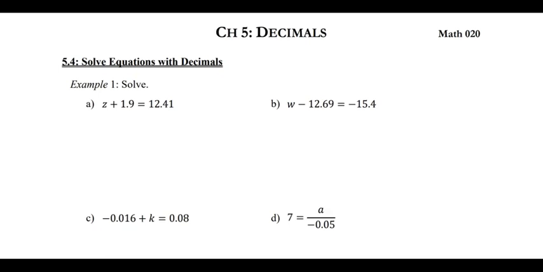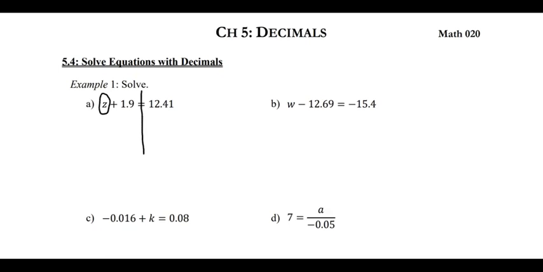So I'm going to do it both ways. For part A, I'm going to do it as a traditional solving equation and as clearing the decimal point. The first way is to solve it the traditional way.